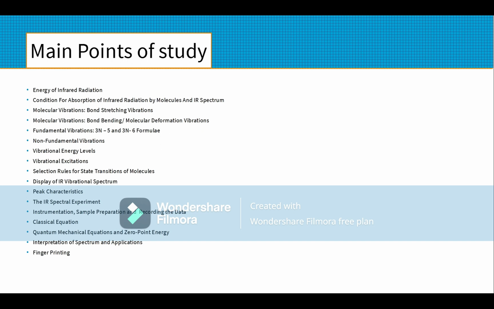These are some of the points which we need to study in this chapter: energy of infrared radiation, condition for absorption of infrared radiation by molecules and IR spectrum, molecular vibrations, two types I mentioned earlier, bond stretching vibrations, then bond bending, which is also known as molecular deformation, because in bond bending the shape of the molecule is deformed.